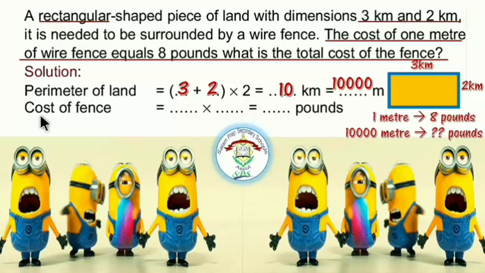So cost of fence equals 10,000 times 8. In times, put all zeros out, 4 zeros out. 1 times 8 equal 8. So cost of fence equal 80,000 pounds.